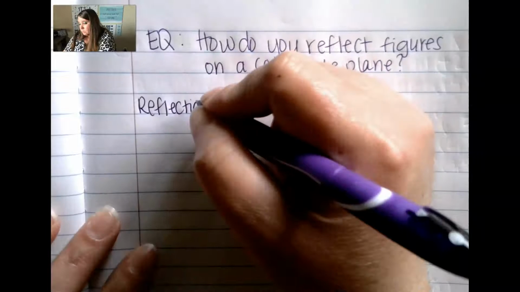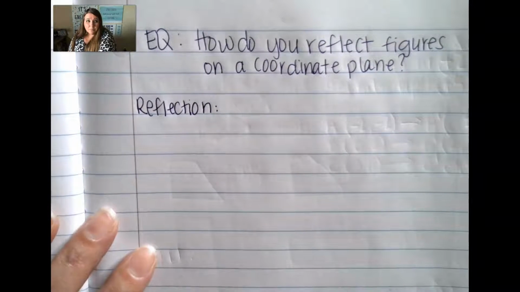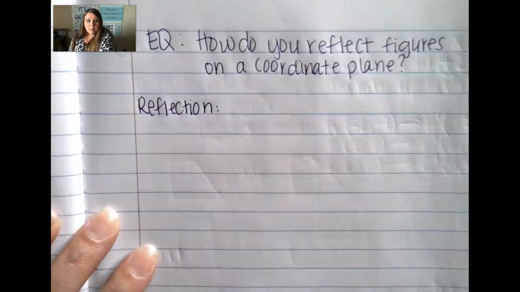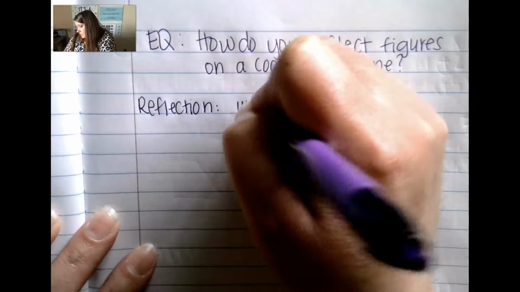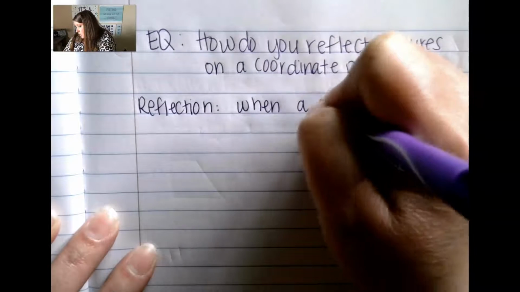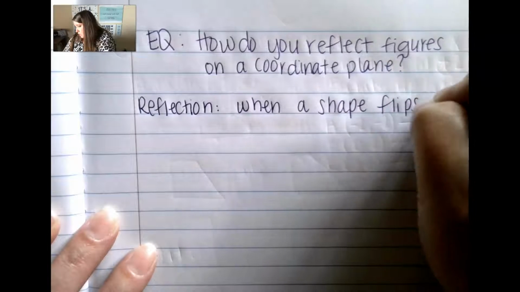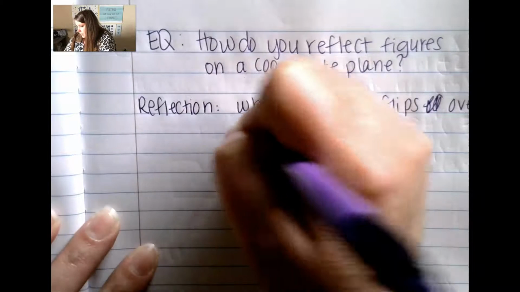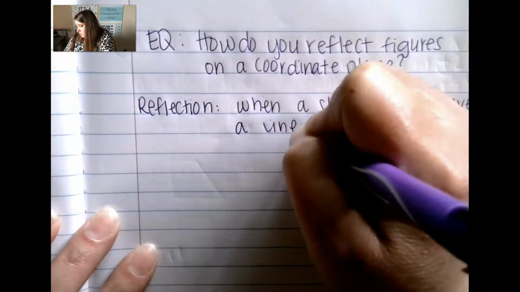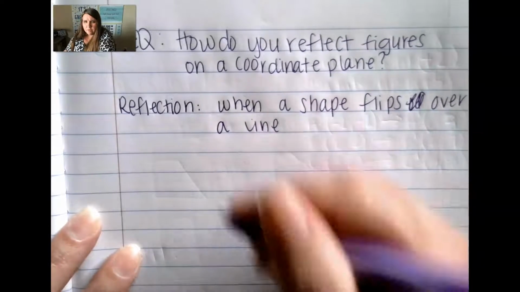When the shape is reflected, it's flipped over a line. And we call that line a line of reflection. So a reflection is when a shape flips over a line, which is like the axes of reflection.